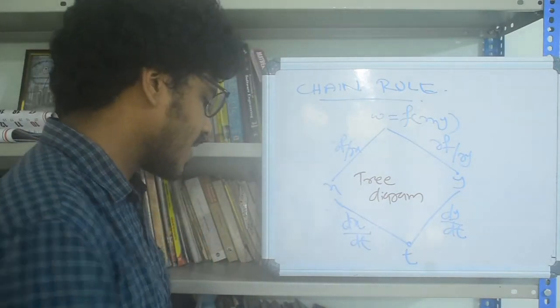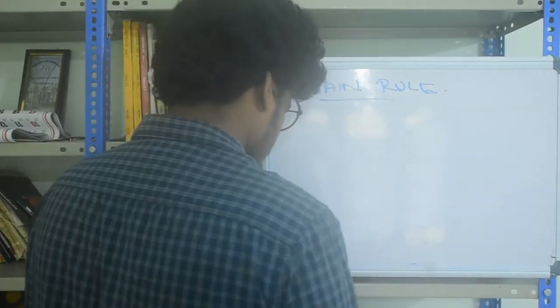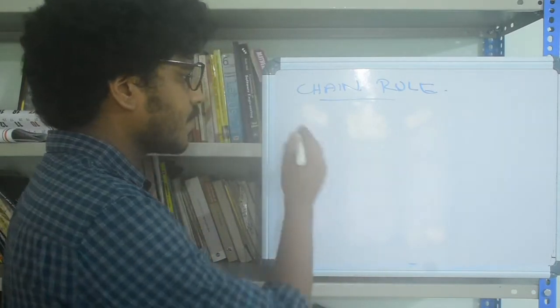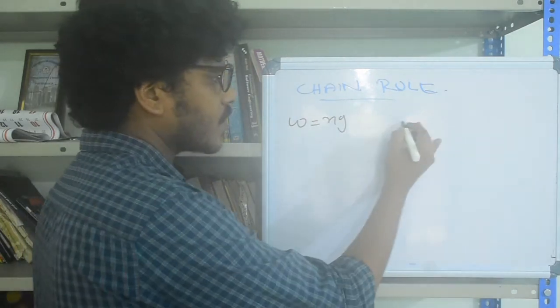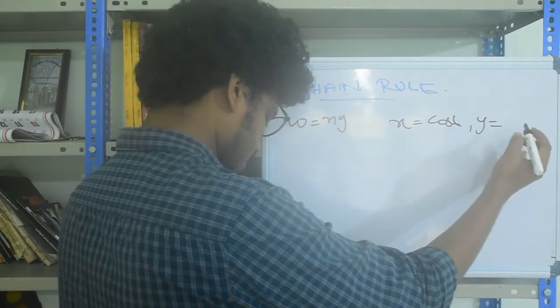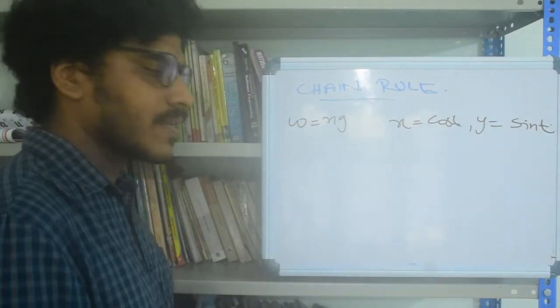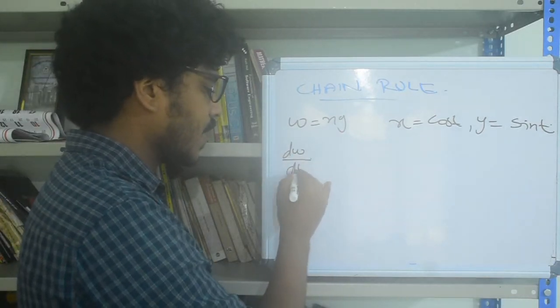Now let's see an example. Consider the function w equal to xy, also given that x equal to cos t and y equal to sin t. Find dw by dt.